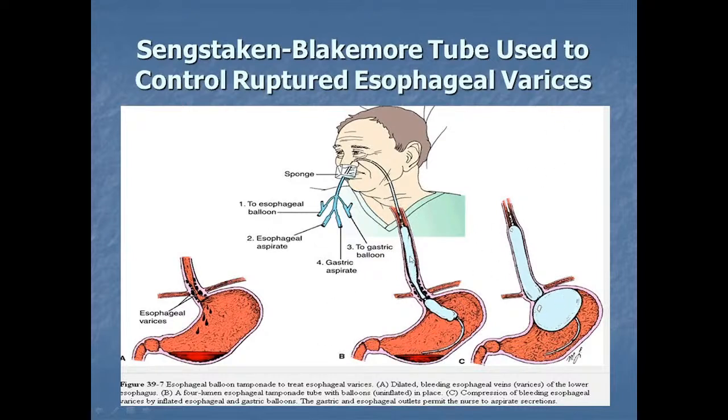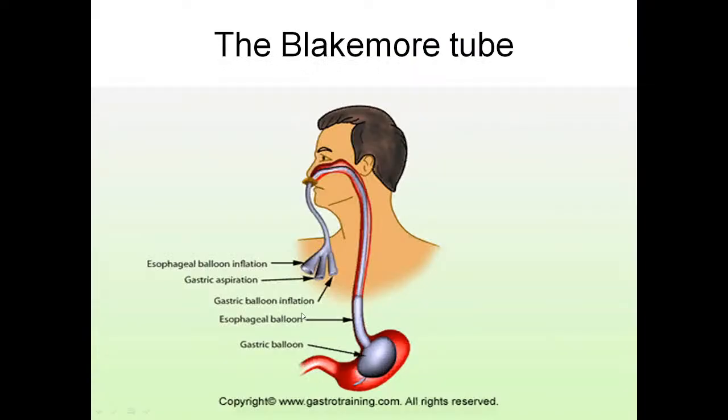When we introduce this tube into the esophagus and stomach, we inflate the balloon, and this balloon presses on the stomach wall and the wall of the esophagus and stops bleeding. In this next slide, Blackmore tube.